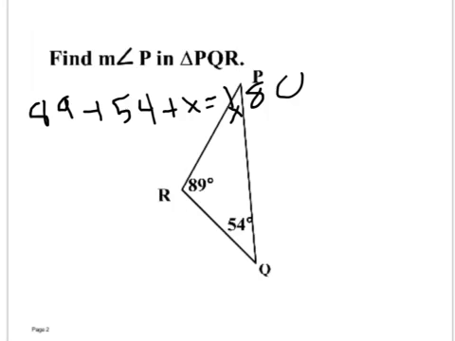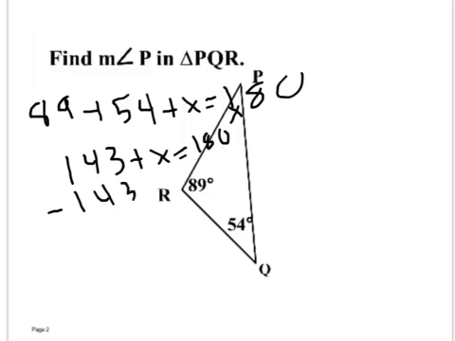I'm going to add 89 and 54. What is 89 plus 54? Yes, Blaine. 143. 143 plus X equals 180. Mackenzie, what am I going to do next? Take 180 minus 143, so we subtract 143 from both sides.